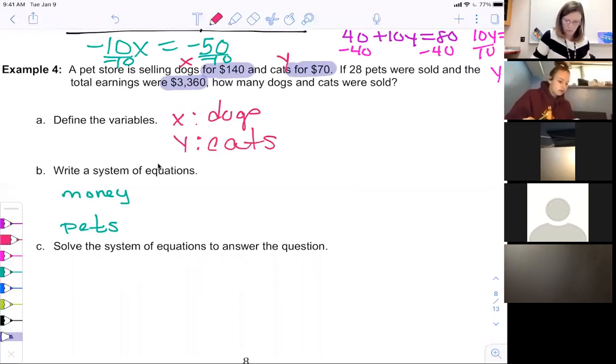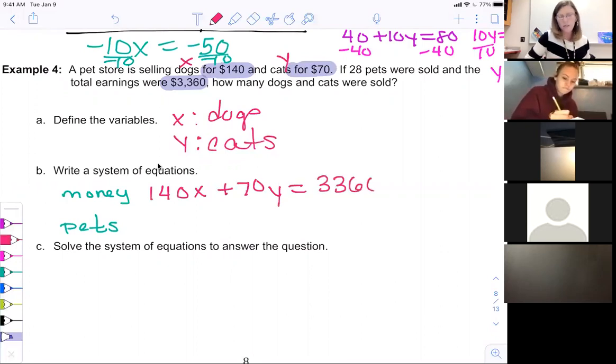So 140x for dogs, 70y for cats, total 3,360. So try and look at the question and pull the numbers that are the same. All those have dollar symbols. So we're going to try and write an equation with the dollar symbols. The total is always on the other side. That's always the total.